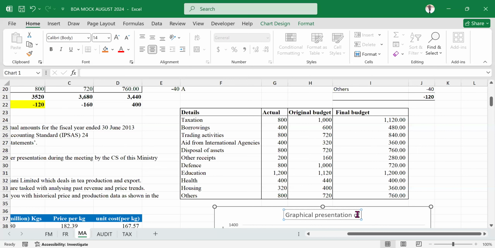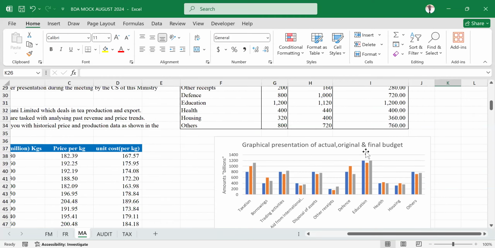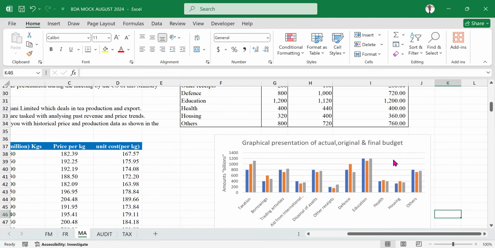So we say graphical presentation of actual, original, and final budget, in that order. That is the order of our table here. So I'll just pick it directly like that to be our graph title there.